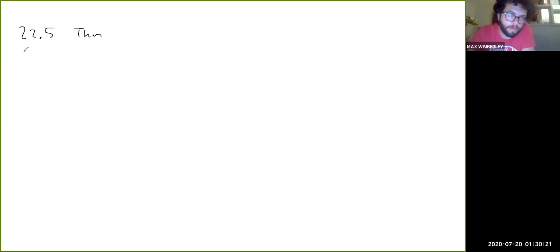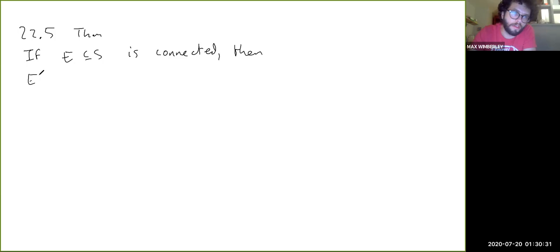If E in a metric space S is path connected, then E is connected.